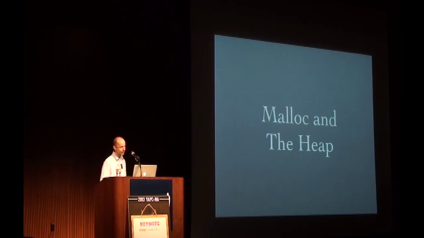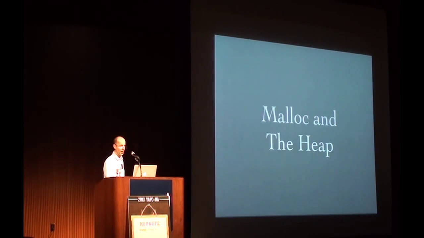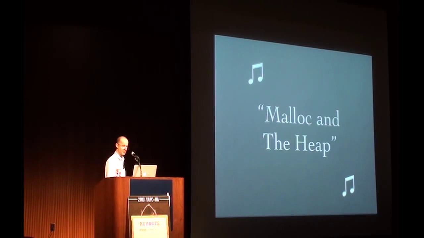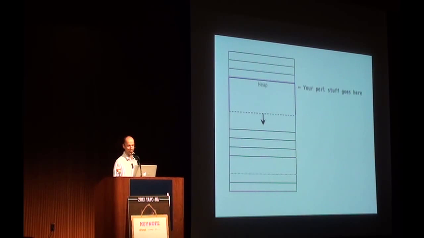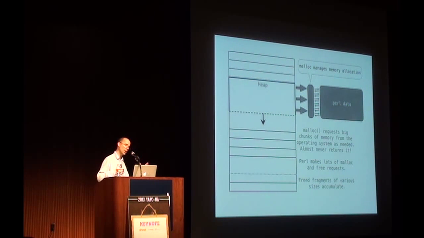Okay. So, malloc and the heap. I think it'd be a great name for a jazz band. Okay, so the heap, that's where we need to pay attention. That's where all your Perl stuff goes. But between Perl and the heap is malloc. Perl asks malloc for little chunks of memory, and Perl sometimes gives them back to malloc.